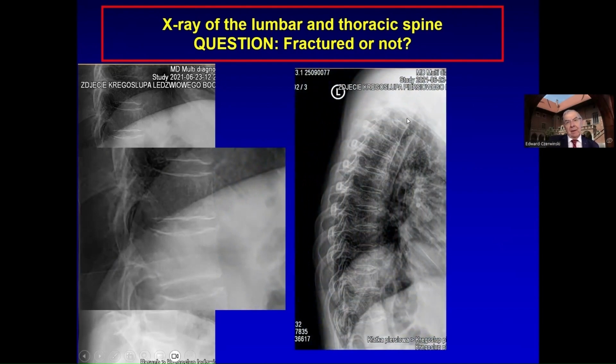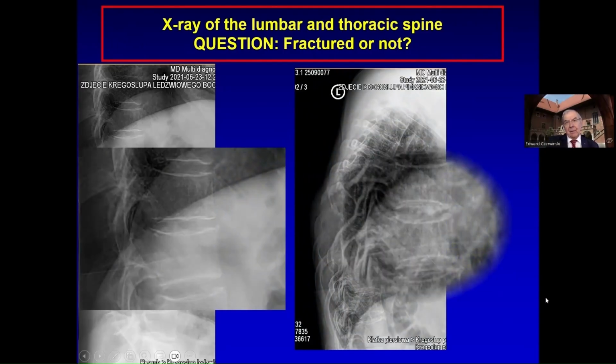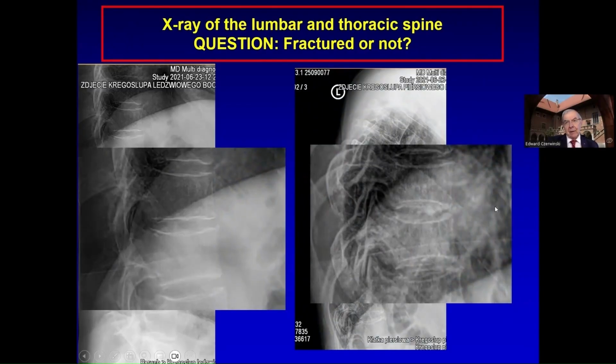But here the thoracic spine is not so easy to assess, and perhaps you are asking whether there is a fracture or not. If you zoom it, I think there is a fracture here, perhaps here maybe not. So you have to measure. You just take a ruler and you measure. Surely now the computer does it automatically, but even on the screen you can measure.